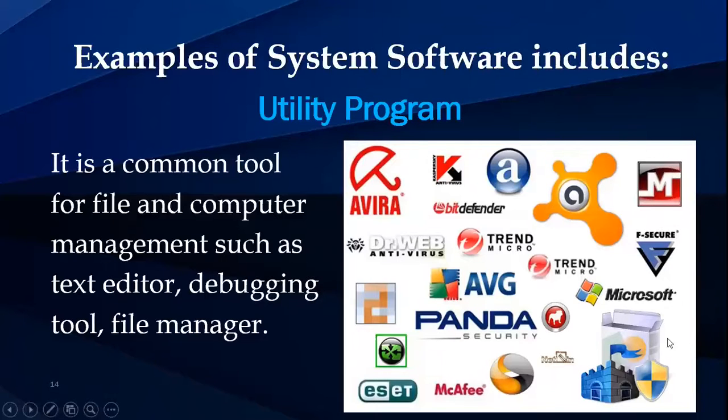Here, as you see, there is some antivirus software. We call that a utility program. It means it is important, but it does not affect your system processing if you don't have it on the system.